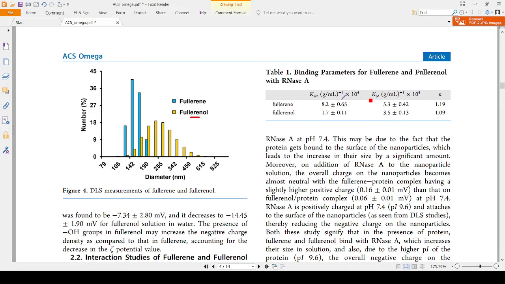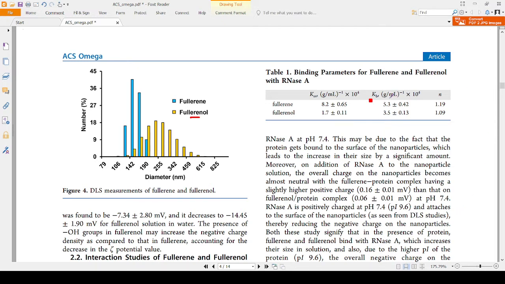They have used the normal Stern-Volmer equation to understand the KSV, and the observation from here is that fullerene shows the Kb around 5.3 and fullerenol 3.5, which is a bit odd, since fullerenol, which has a hydroxyl group, should have interacted with the protein to a better extent.